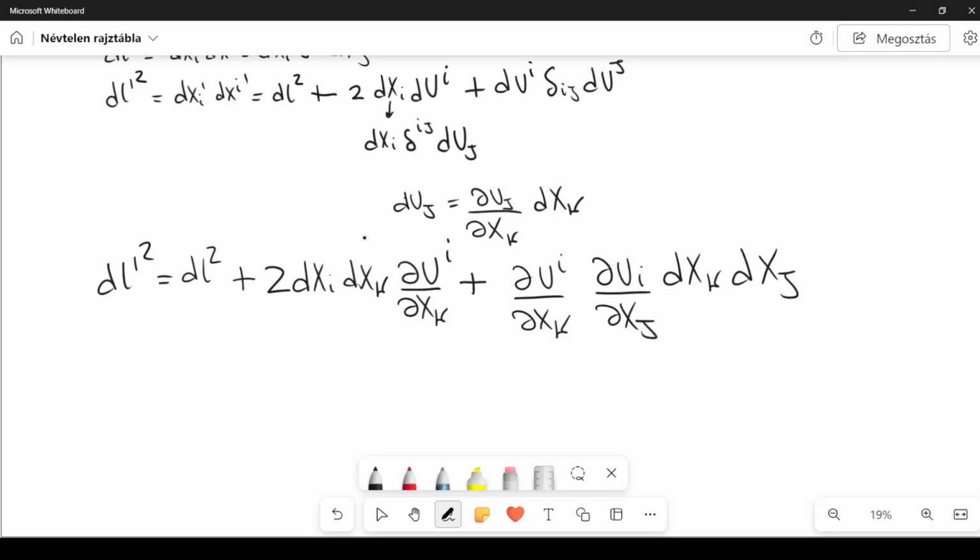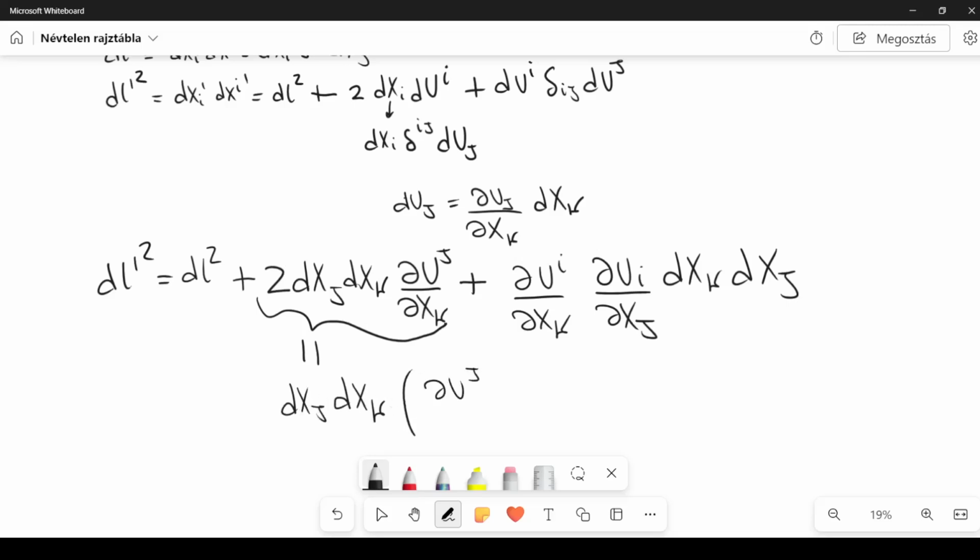And at this point, I want to use the fact that these are really dummy indices. I want to change this i to j, and I want to use the symmetry of these terms. So this term here with the 2 in front can be written as dxj dxk times duj over dxk plus duk over dxj. So I have simply used the symmetry property of this term.